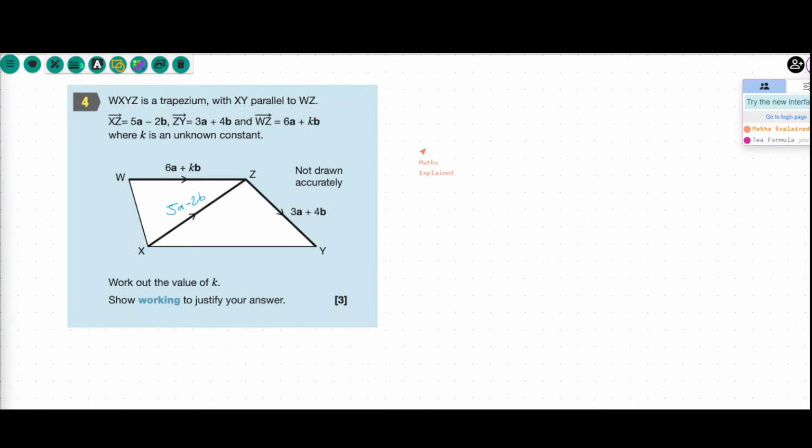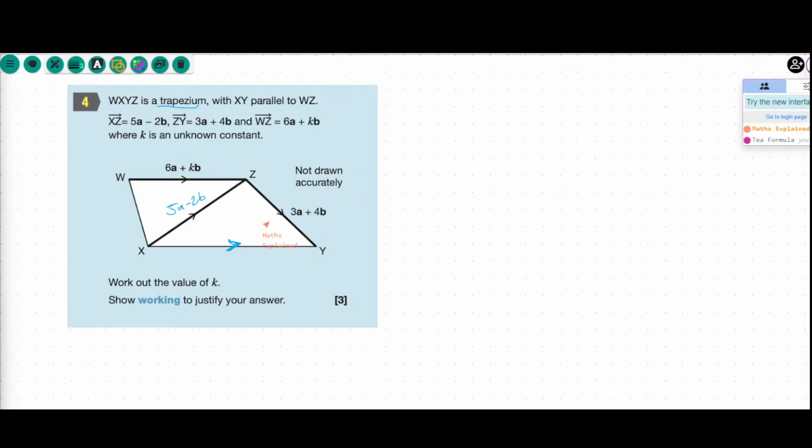But I would suggest going back to those basics and thinking, okay, if I want to know this unknown, what can I compare it to? Well, they've told us this is a trapezium and XY is parallel to WZ. So XY is a parallel vector. So it could be really useful if I can find XY in terms of A and B, and then that maybe will help me define K.